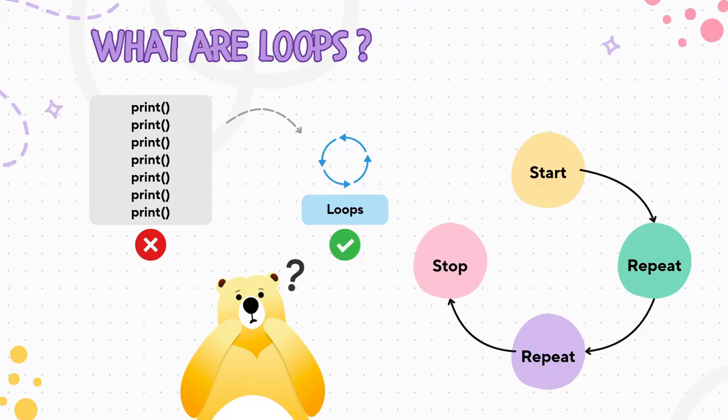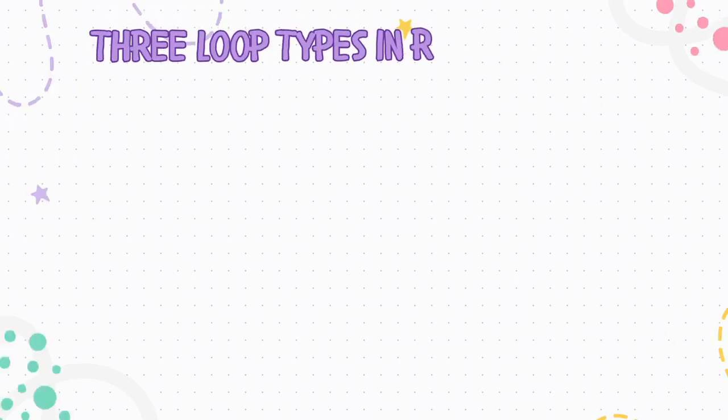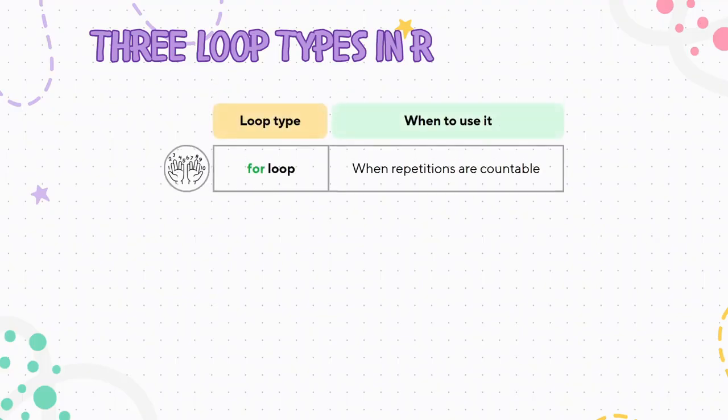Okay, now that we have a basic idea about what loops are, let's get to knowing about the types of loops inside of R. There are three types of loops inside of R, and each loop repeats code, but the reason for repeating is different. First of all, we have the for loop, and this loop is used when the number of repetitions is countable.